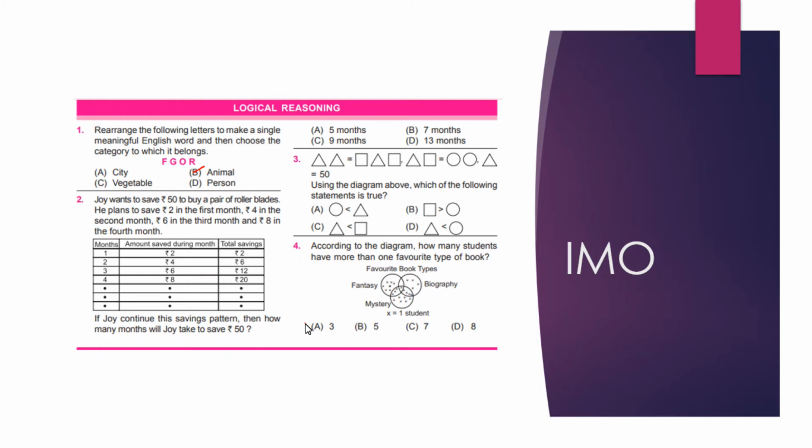So 2, 4, 6, 8, 10, 30 will come here. See the pattern in the table of total saving. 10, 12, so 42. 12, 14, 14 means it will become 56.